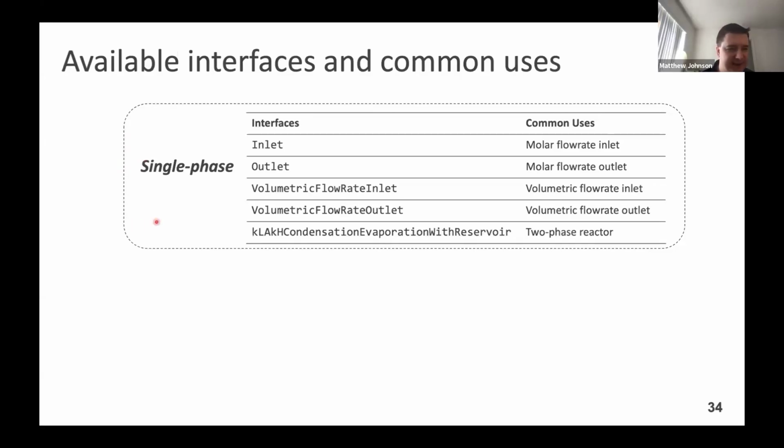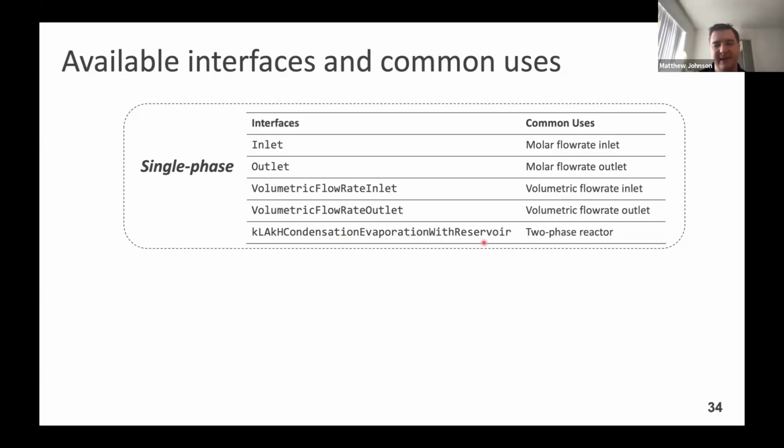For the single domain interfaces, you have inlets, outlets, volumetric flow rate inlet, and volumetric flow rate outlet that essentially allow you to move mass into the reactor and pull mass out of your domain.